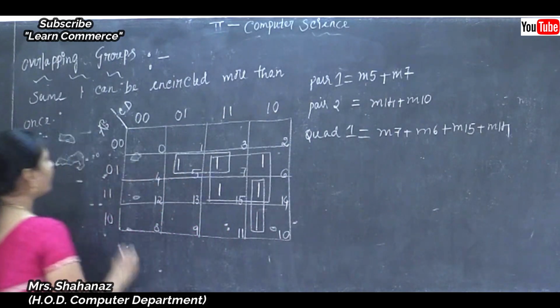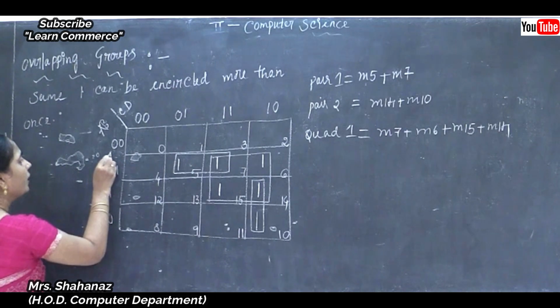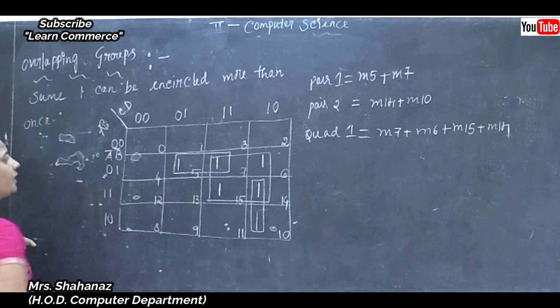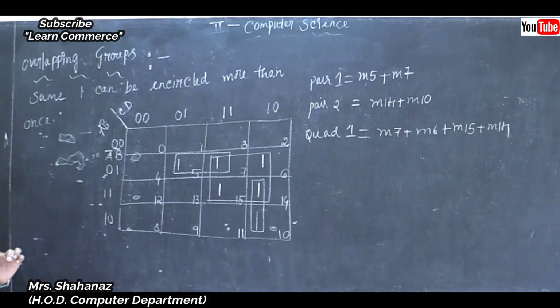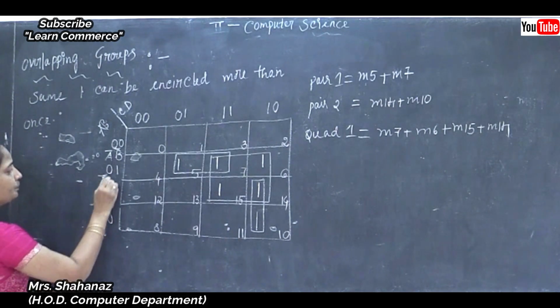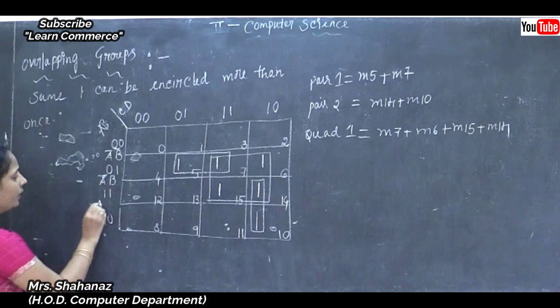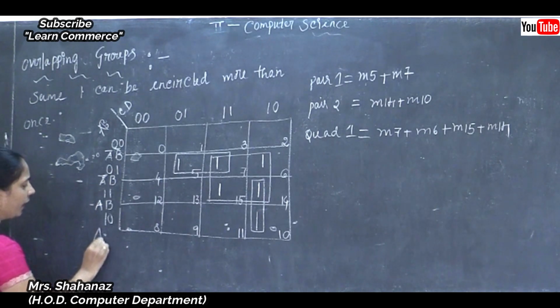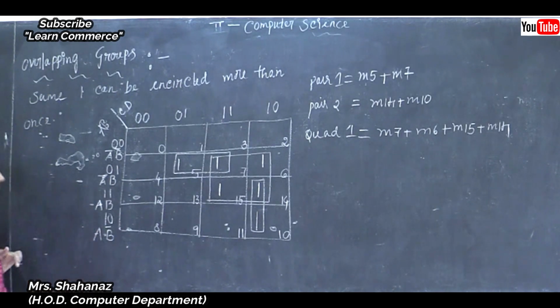And we know that where the value 0 is there, we use complementation. So I take A complement B complement, A complement B, A B, and A B complement. Clear this point?